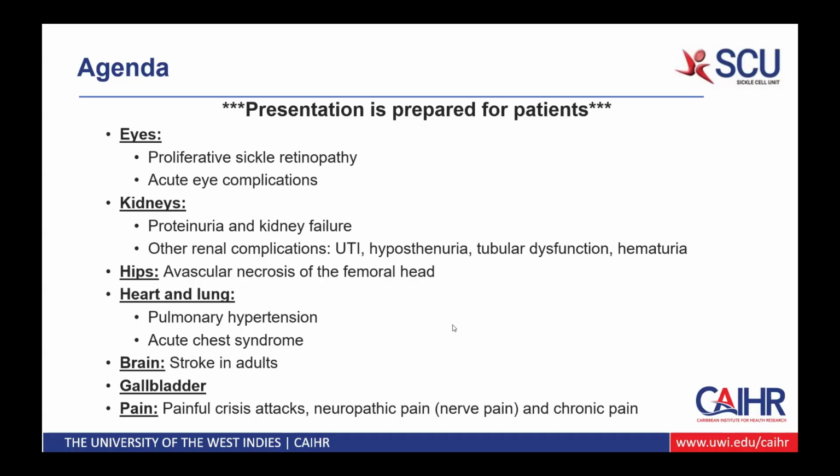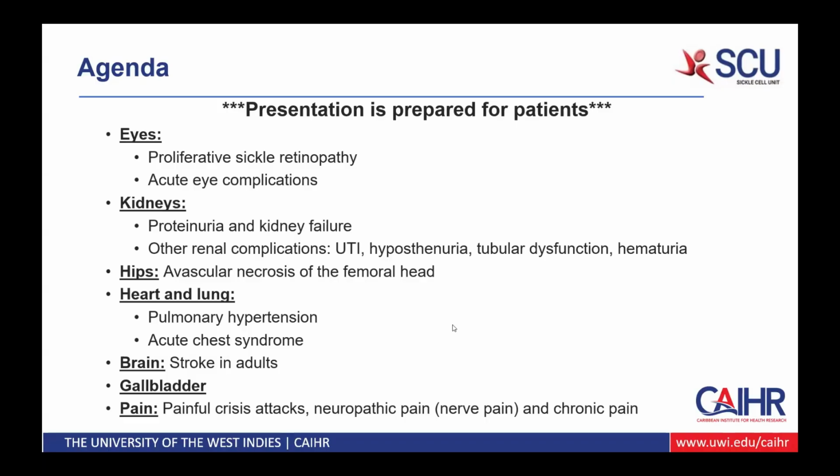It's going to be very difficult to talk about all the complications that can affect adults in any great amount of detail. So a lot of what I'm going to be presenting is definitely focused more on chronic complications.